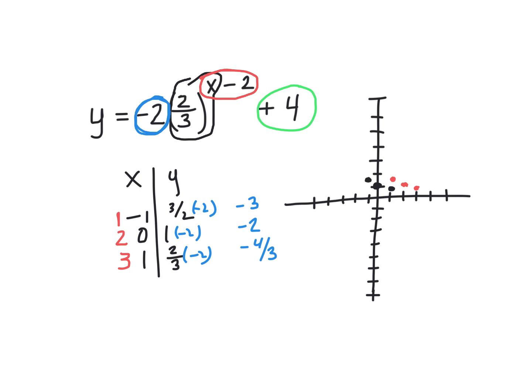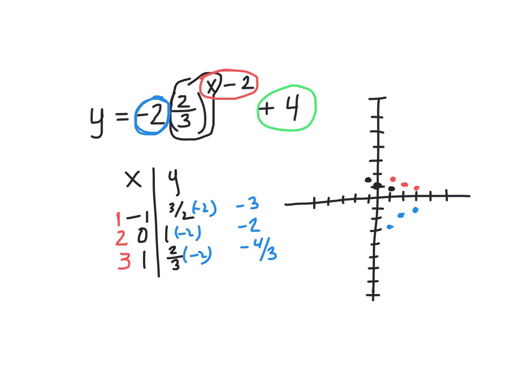So then I'm going to have 1, -3. I'd have 2, -2. I'd have 3, -4/3. So you can see it now flips it. And this graph would have a domain of all reals. Y is less than 0.